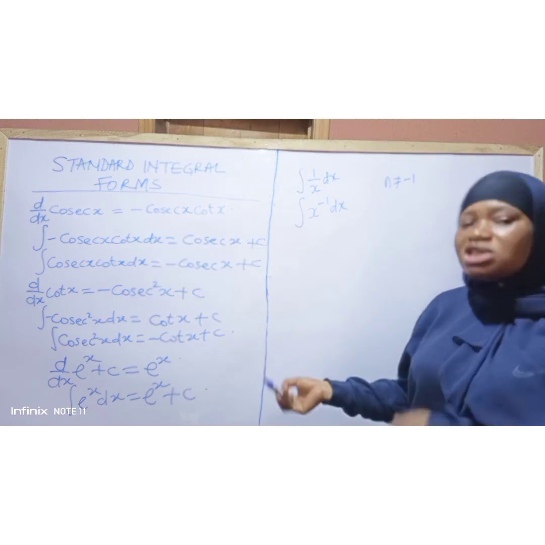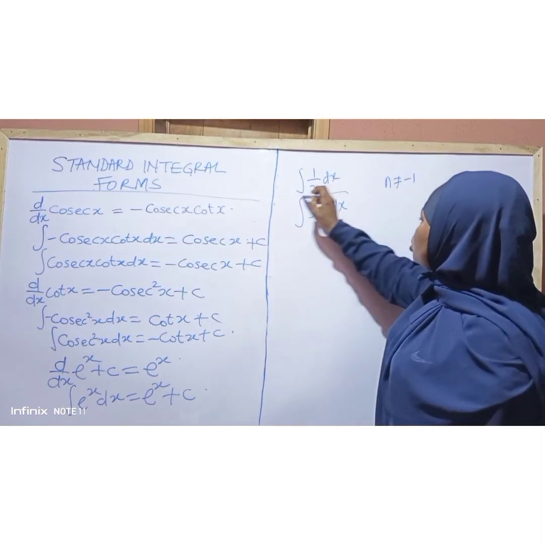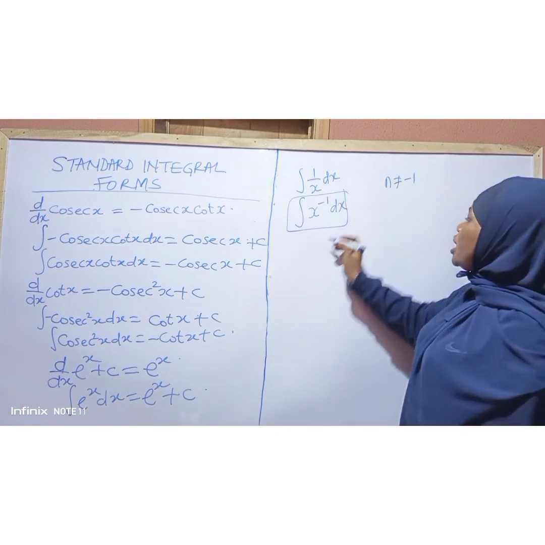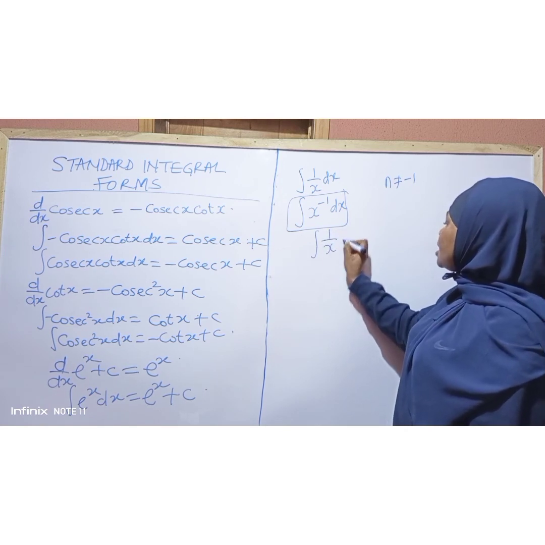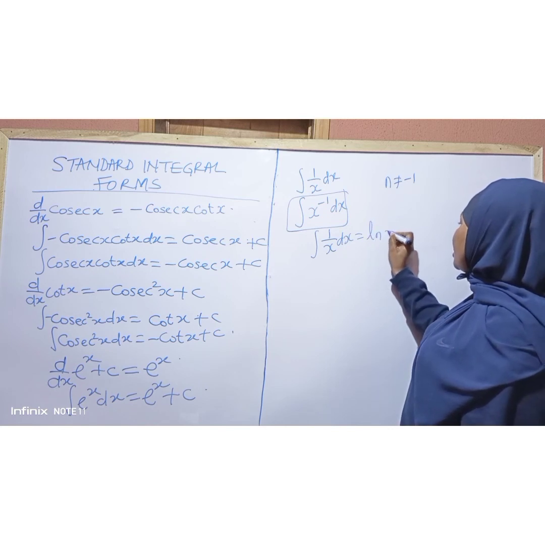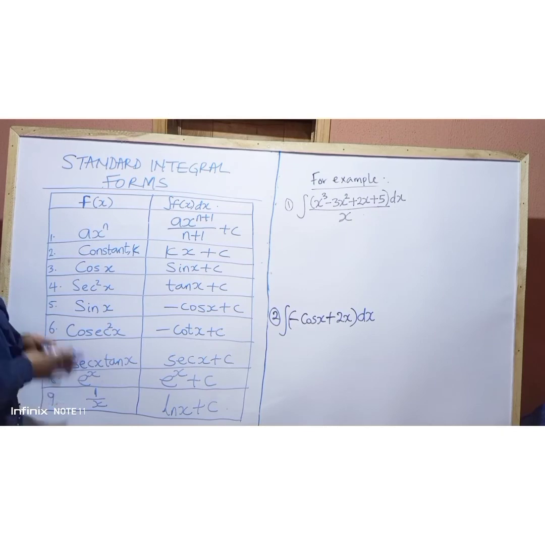But in integration, our n must not be equal to minus 1. So you don't express it like this. So you just say that the integral of 1 over x dx is equal to ln x plus c. So here is the summary of what I've been saying, so you can go through it.